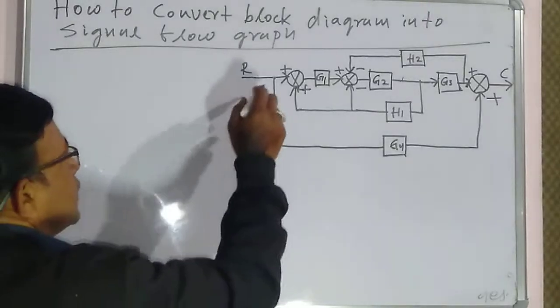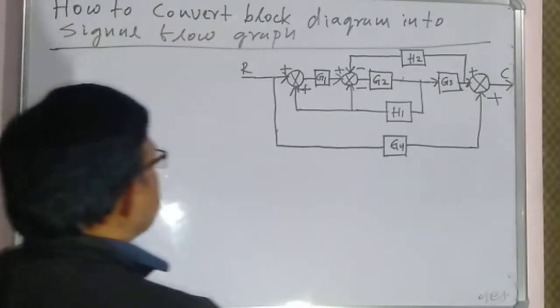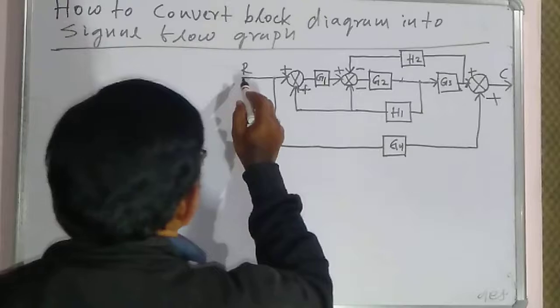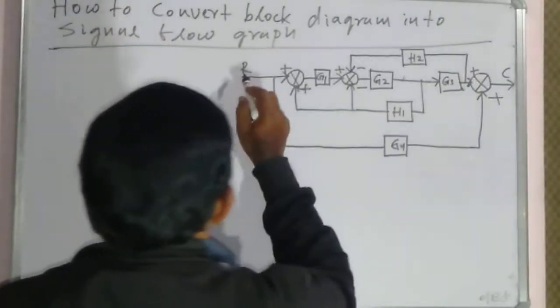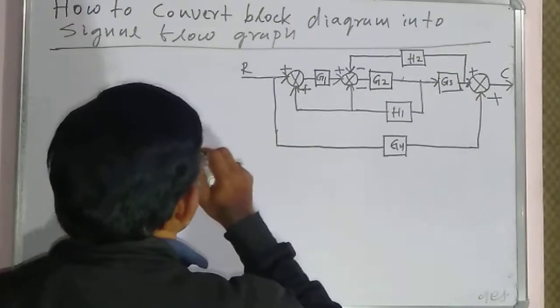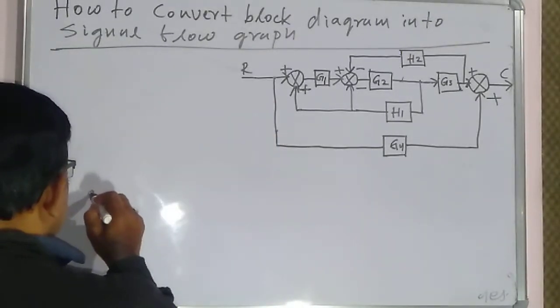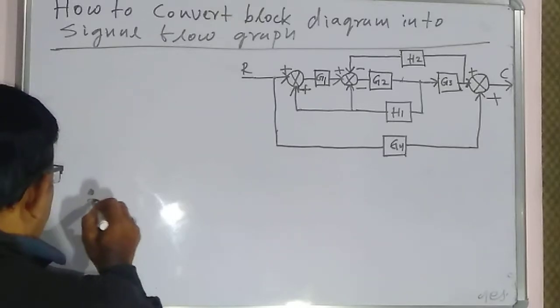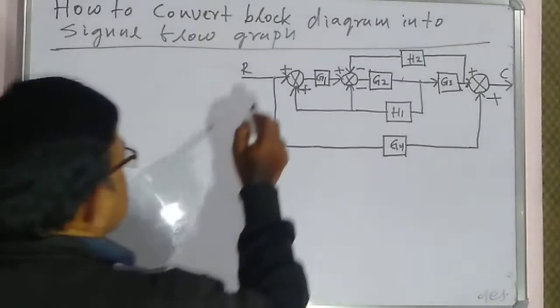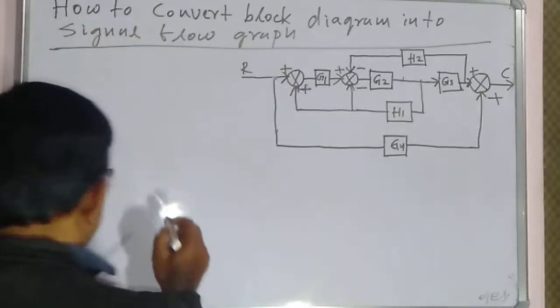The best way is, first we replace this input variable, that is R, by a single node. So let us say this is your R. Then this takeoff point is again replaced by a node.